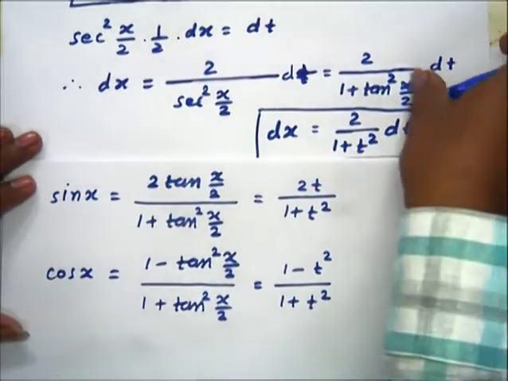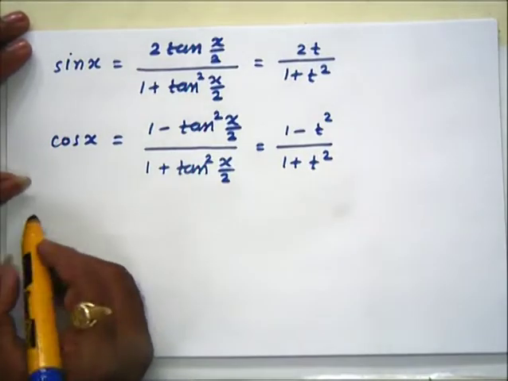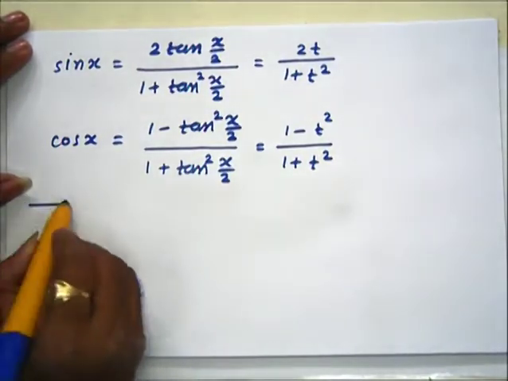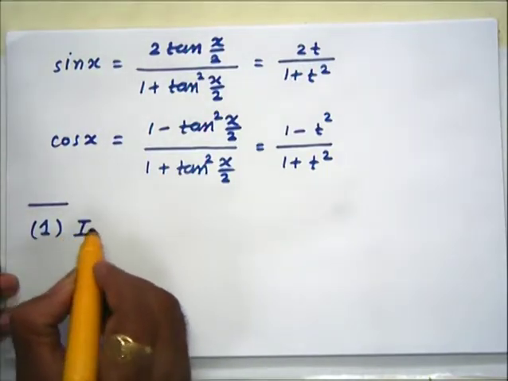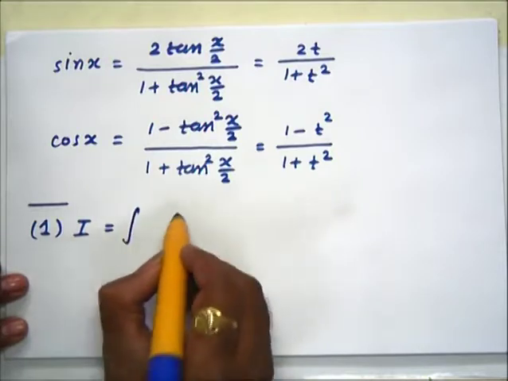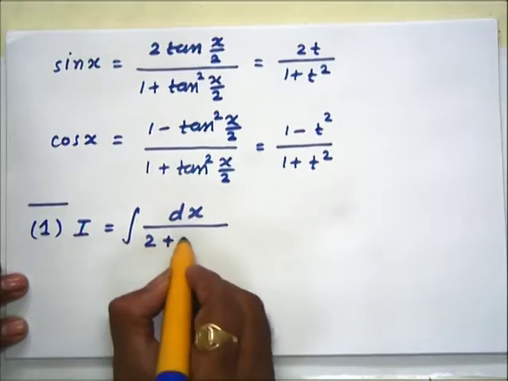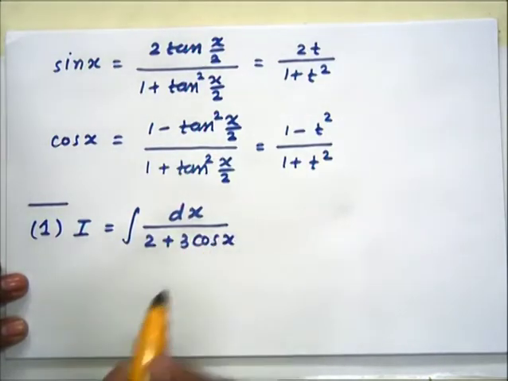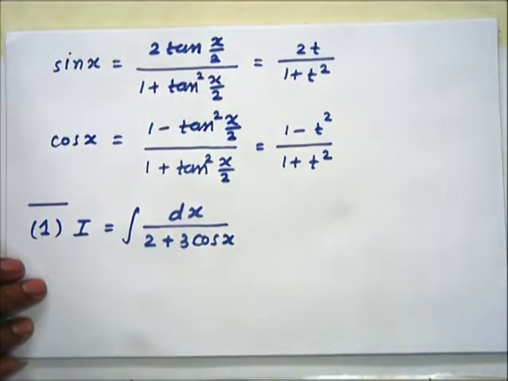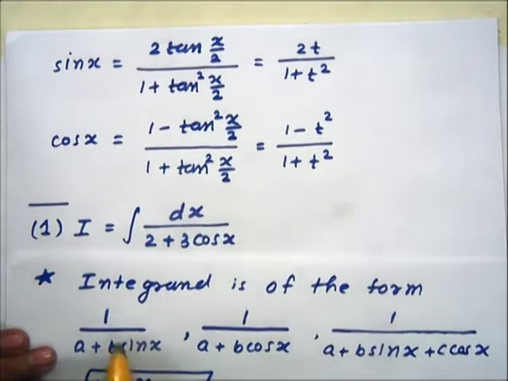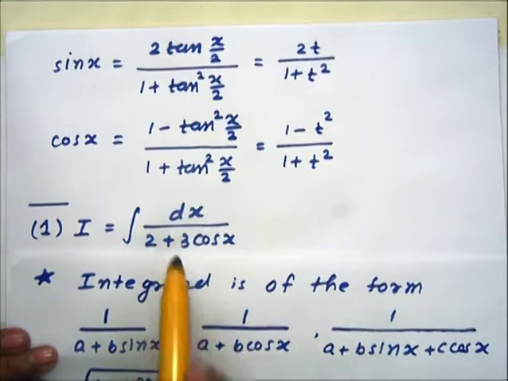Now let's do some examples on it. Example number 1. Find the integration I equal to dx upon 2 plus 3 cos x. This is of the form 1 upon a plus b cos x, where a is 2 and b is 3.